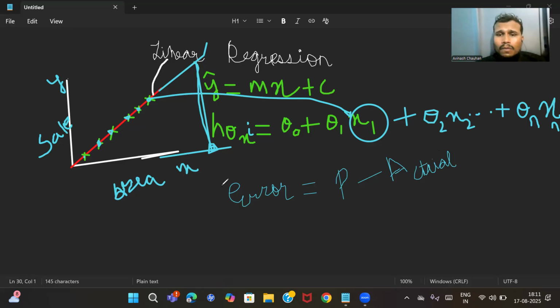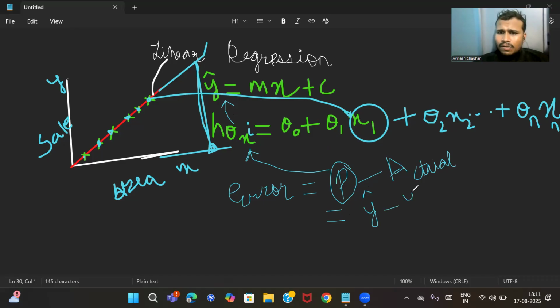So what is the predicted value? Predicted value is the same, which is h theta, right? And it's the same, which is y hat, right? So we can write it like this: y hat minus y, right?